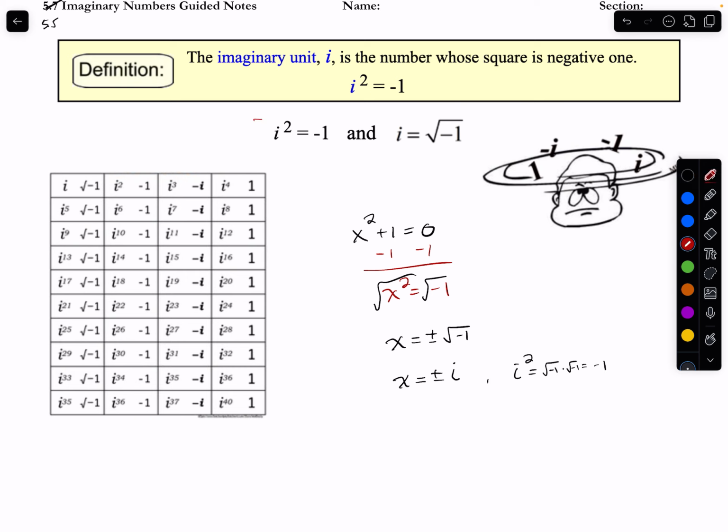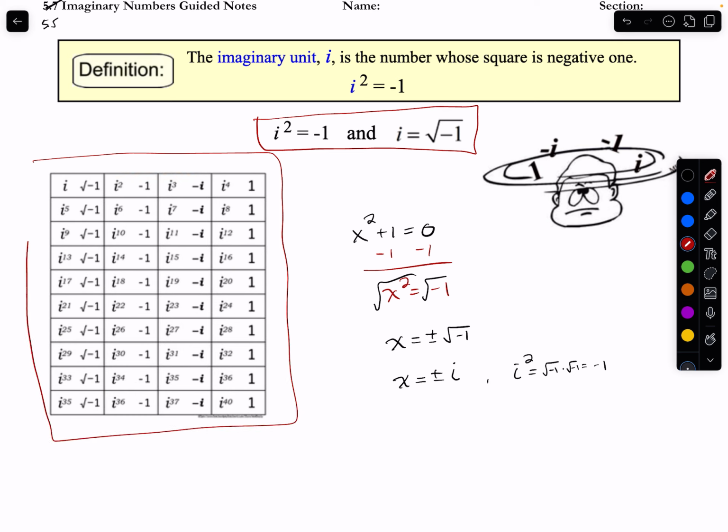So these are two important things that you need to grasp when we're working with imaginary numbers.